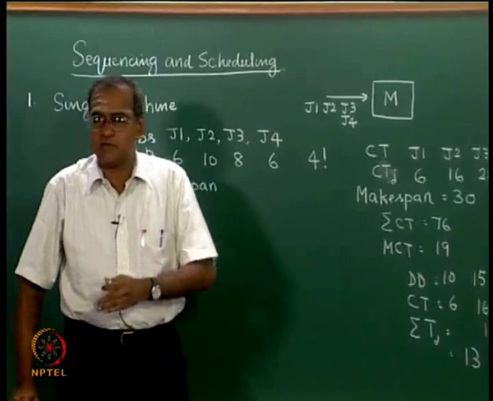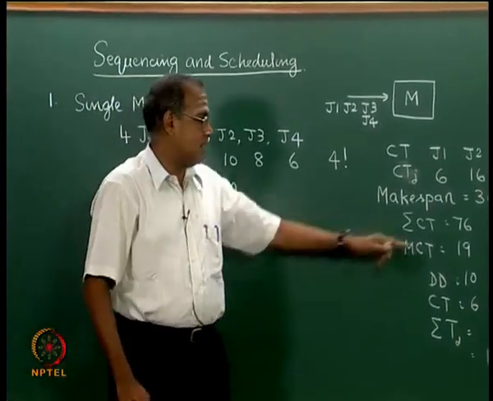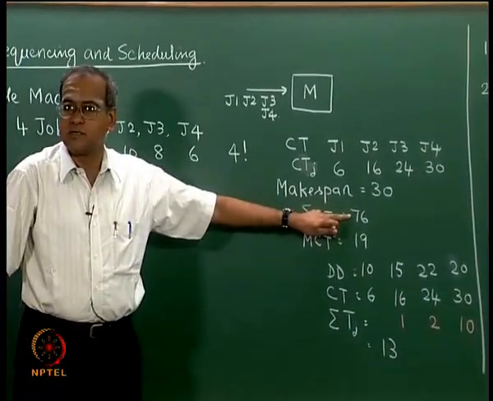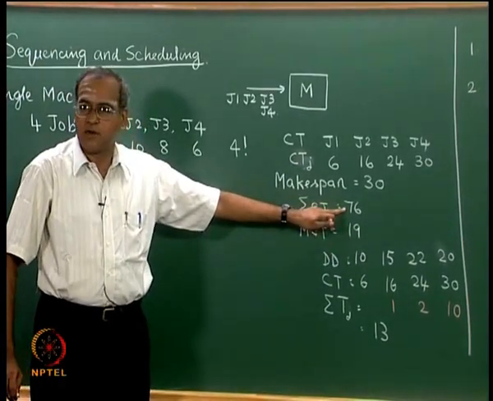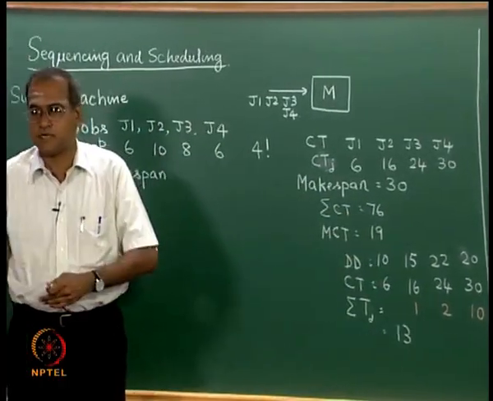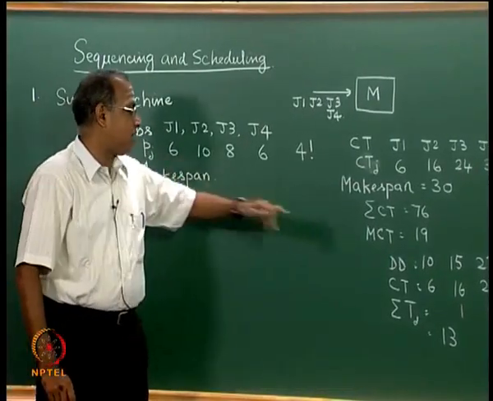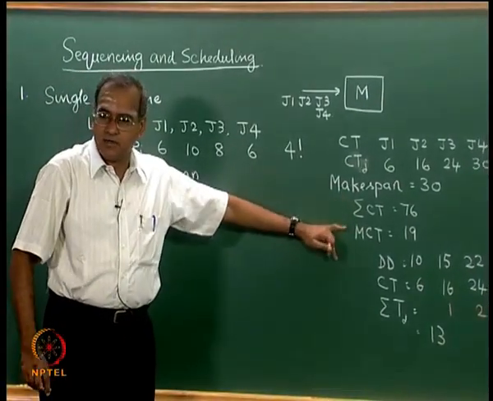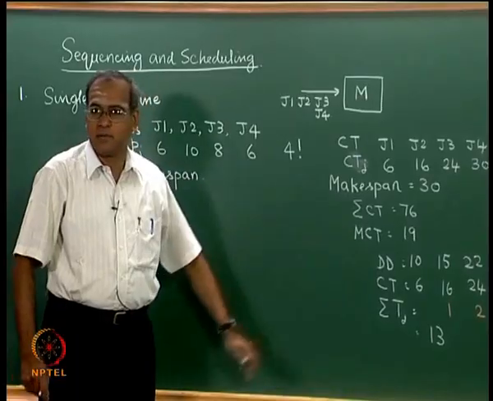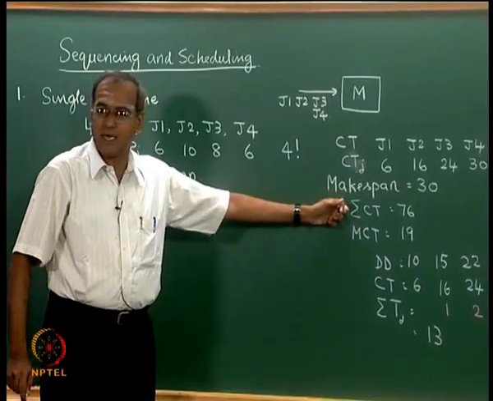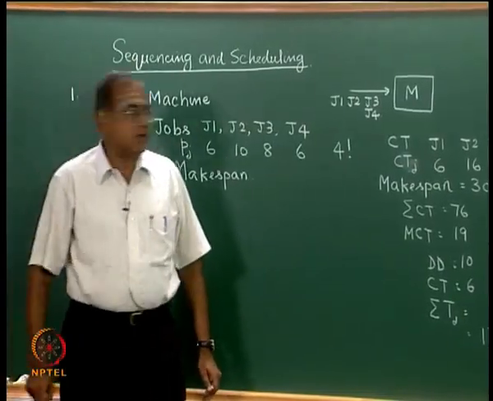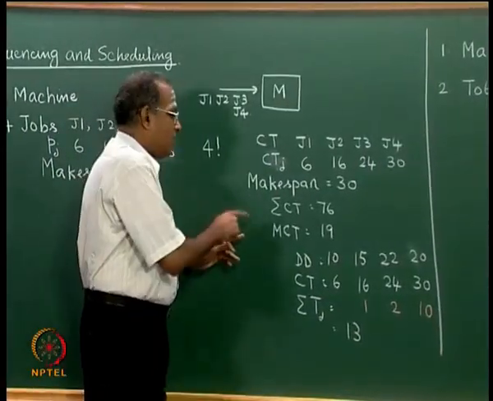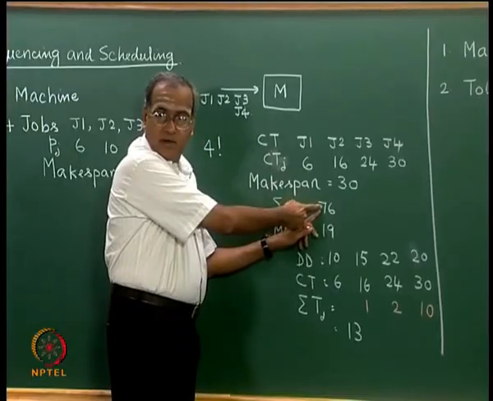What is the order in which we have to send these jobs such that the sum of completion times is minimized? Mean completion time is the sum of completion times divided by the number of jobs. So whether we minimize sigma Cj or minimize mean completion time, it means the same, because we are dividing by n, and in this example we are dividing by 4.